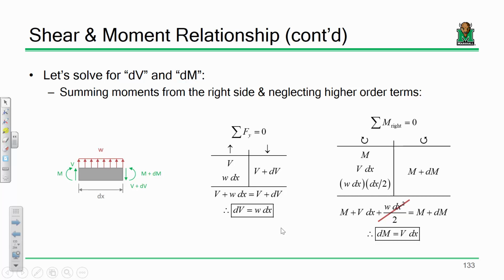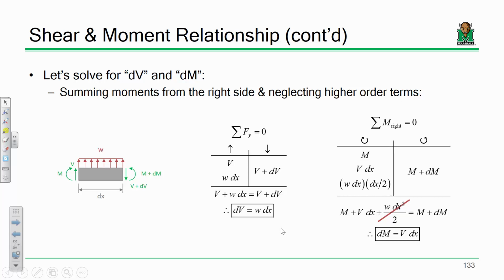So the force is W dx, and what's the moment arm? How far is it from this side to the center of that load? Well, it's half a dx, right? Now, as for things spinning the other way, I've got M plus dM. I don't have to deal with the force over here on the right because it's going right through the point. The distance is 0. So chug it out, and I get the equation that you see here.